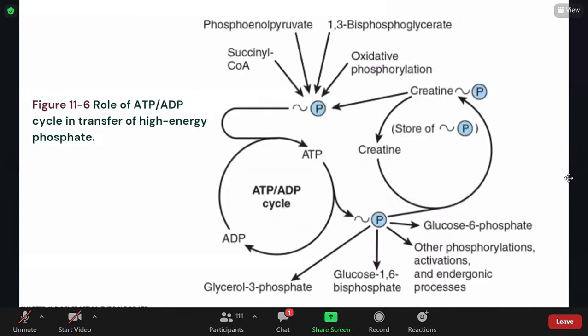Here is now how your ATP is being used in the ATP cycle. Okay. ATP cycle. All right.